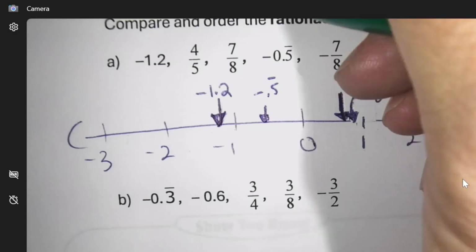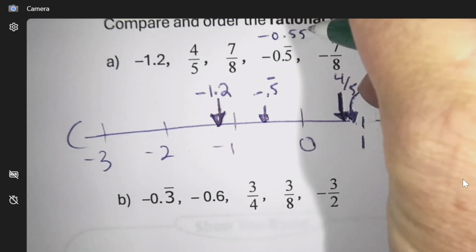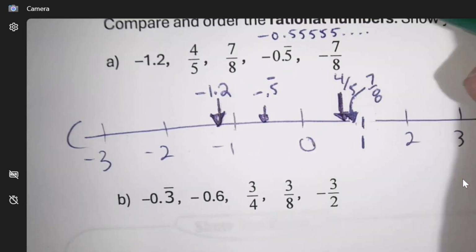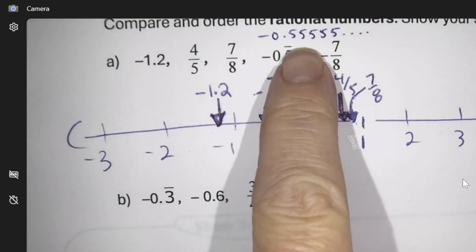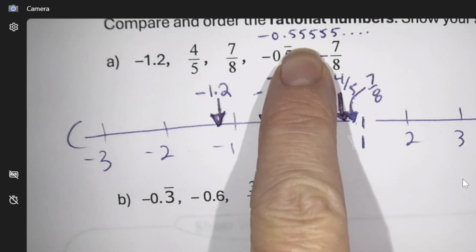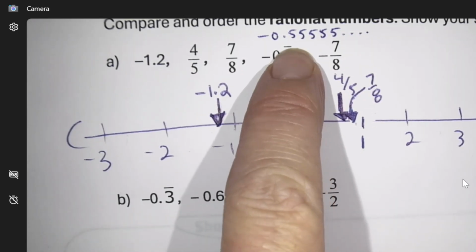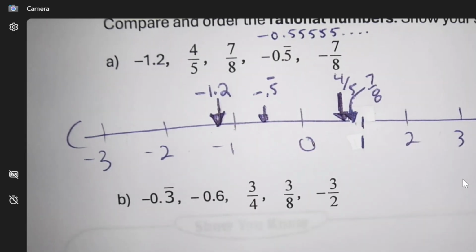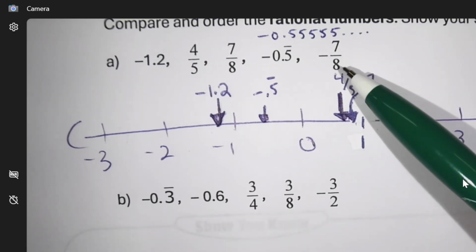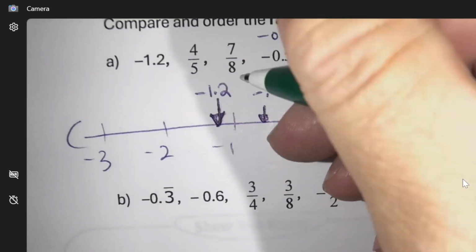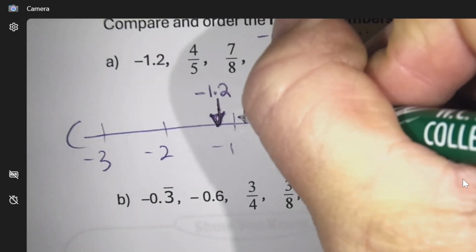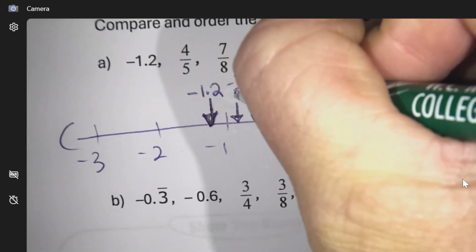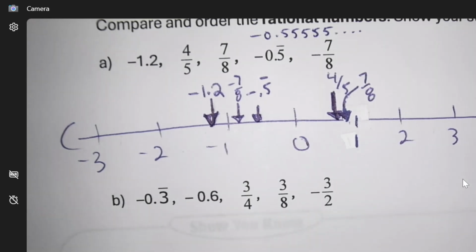Yeah, that symbol means repeat. It means 0.55555. I actually just told you what fraction that was. What fraction was that? Do you remember? 5/9. So just a little past the halfway marker. And negative 7/8, yep, just on the other side of it yet. It's very close to being a full negative.